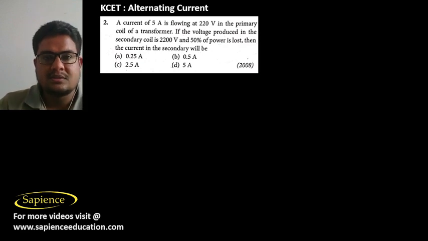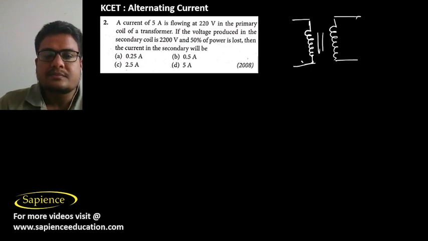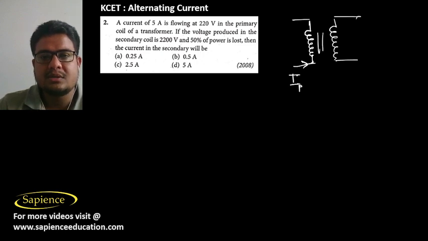A current of 5 ampere is flowing at 220 volts in the primary coil of a transformer. This is the primary coil, this is the secondary coil. So the current in the primary coil is 5 ampere and voltage is 220 volts.